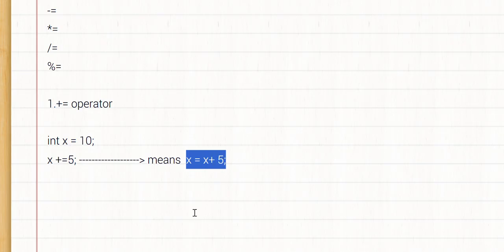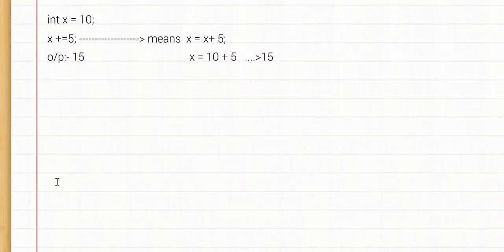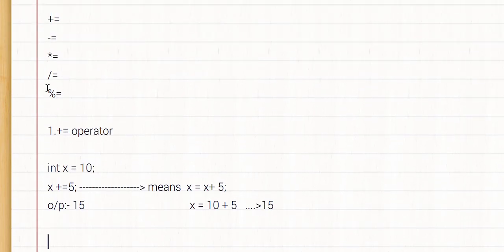Now if you solve this, x equals to 10 plus 5, the output will be 15. Now the next operator, every operator is the same.